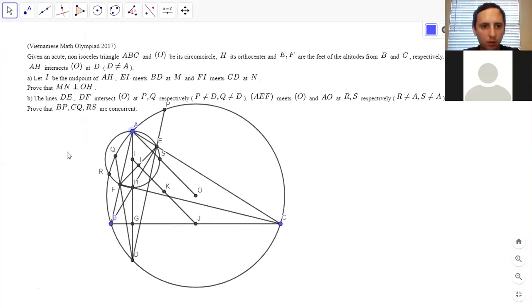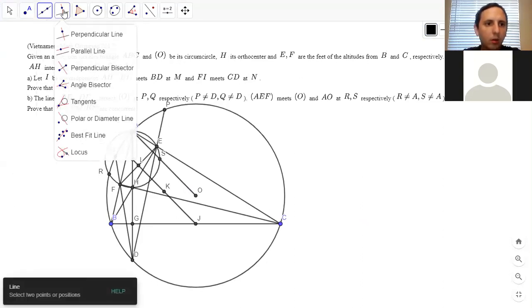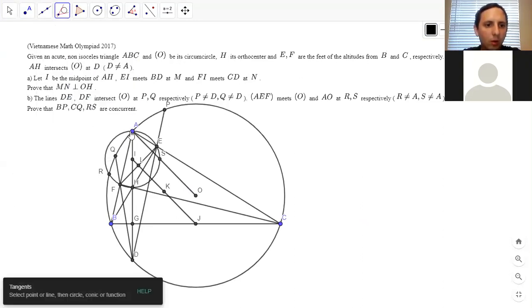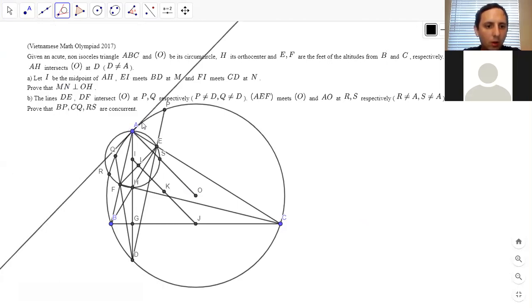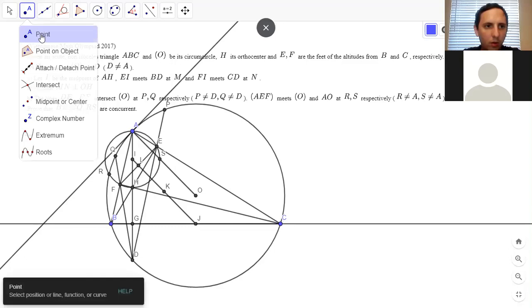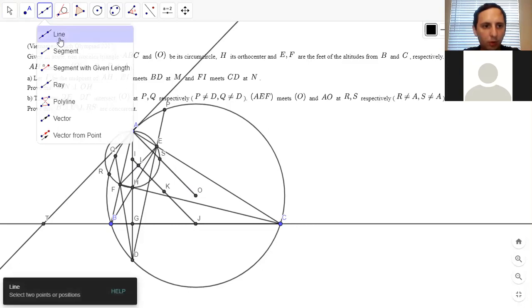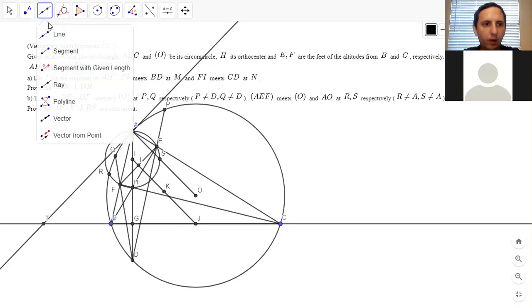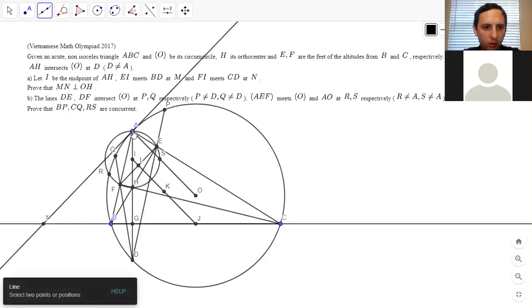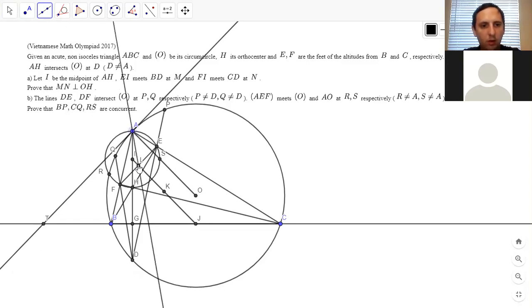You draw the tangent at A and let it intersect BC. And we project R, L, and S onto BC through A. We project T too.